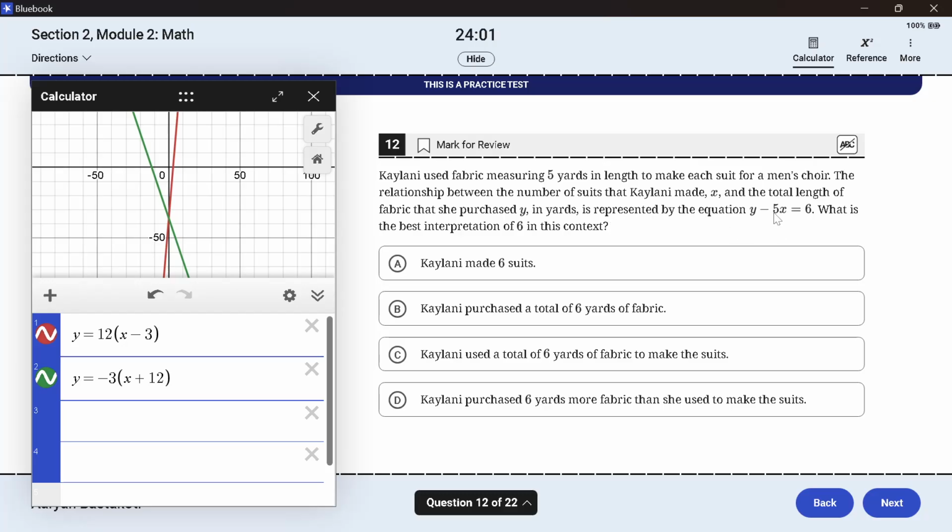Okay, x is the total length of fabric. No, x is the number of suits, y is the total length of fabric, and 5 is the length required to make one suit. So this means that 6 yards of fabric remains after she has made all the suits. So she purchased 6 yards more fabric than she used to make the suits.